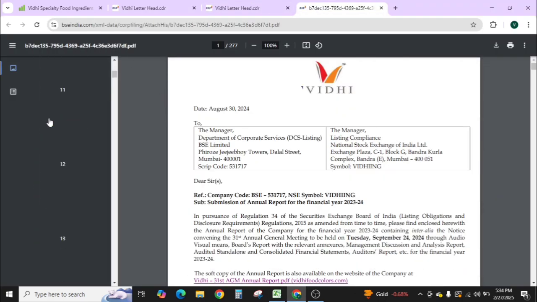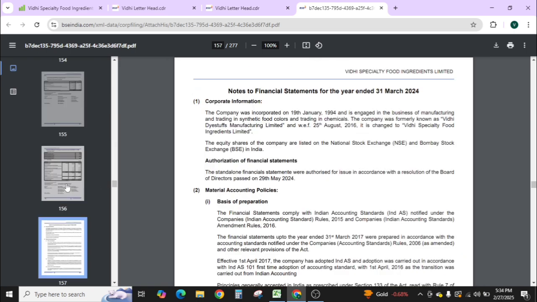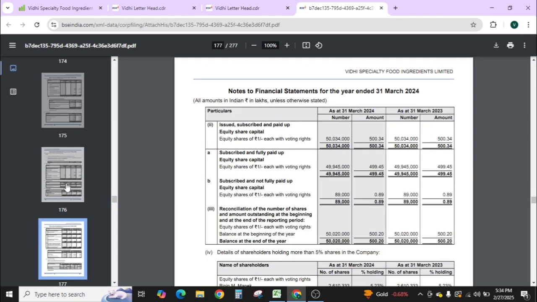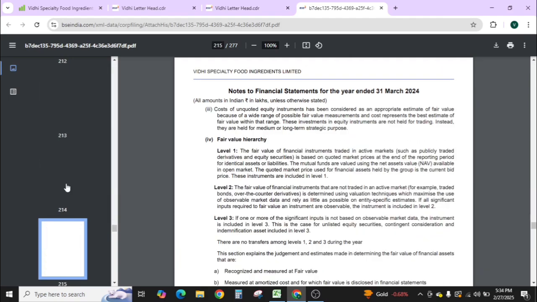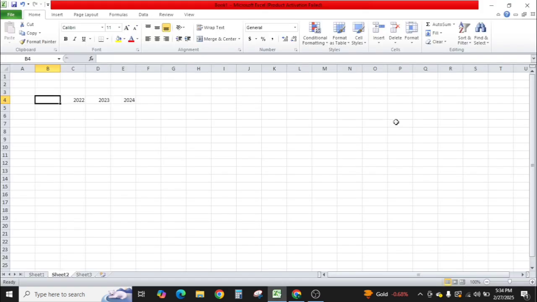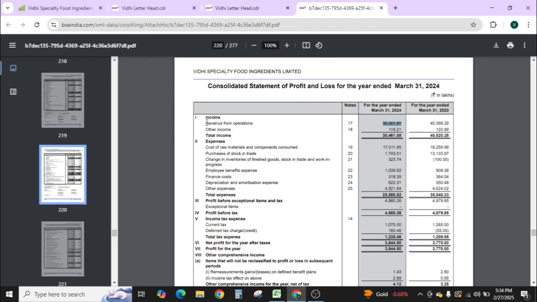We will first take the 2024 numbers from the FY24 annual report, consolidated numbers. Here you can see the FY24 revenue of Vidhi Specialty, the revenue from operations, which is 53705 lakhs for FY24.